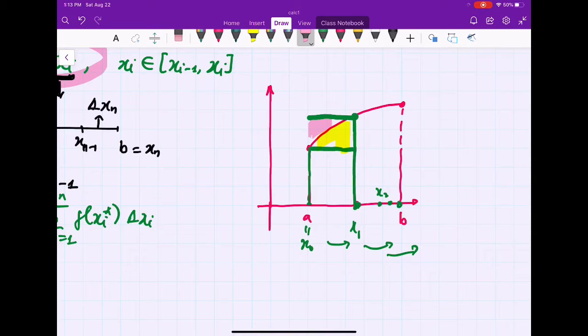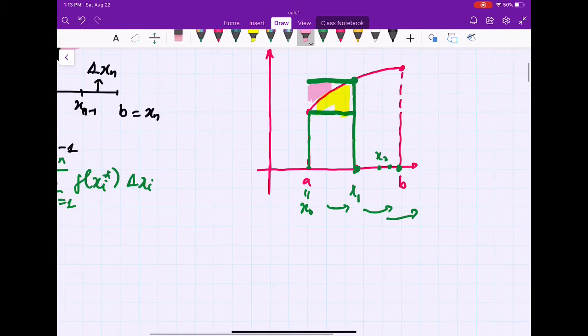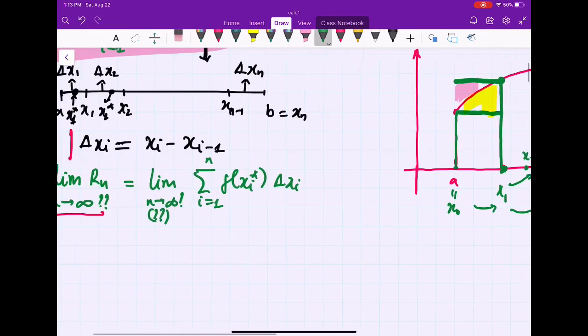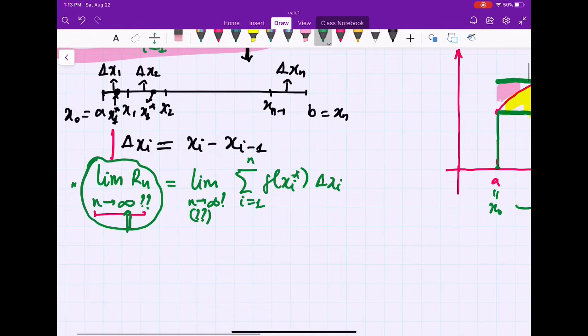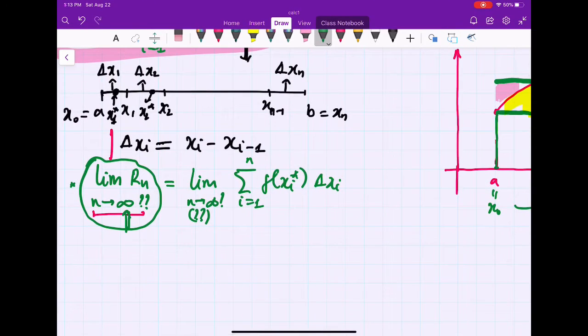So in this case, you may get a sequence of midpoints, and n approaches infinity, but that is something different than the exact area. So you need something else.